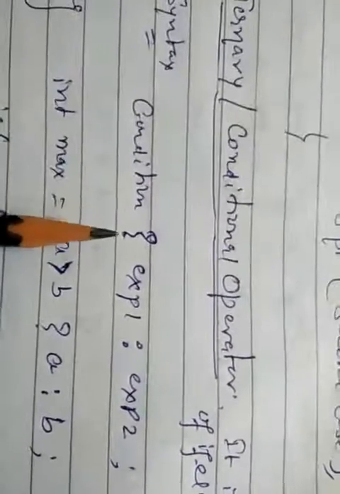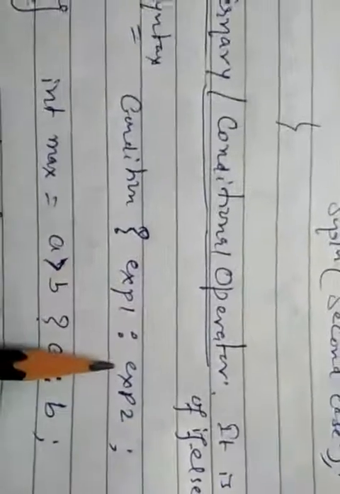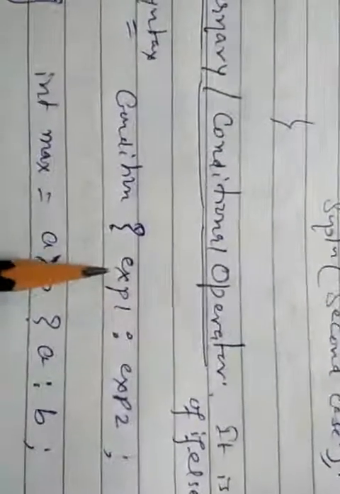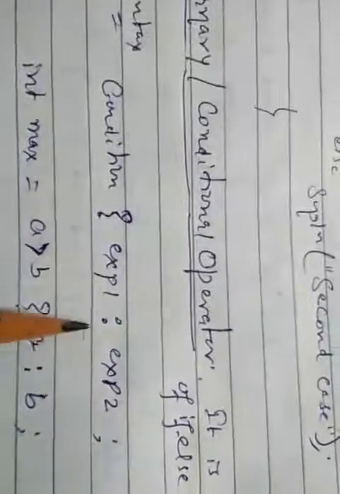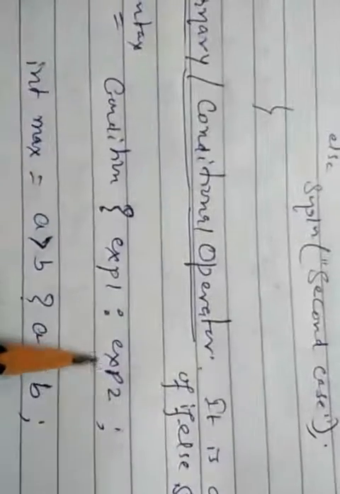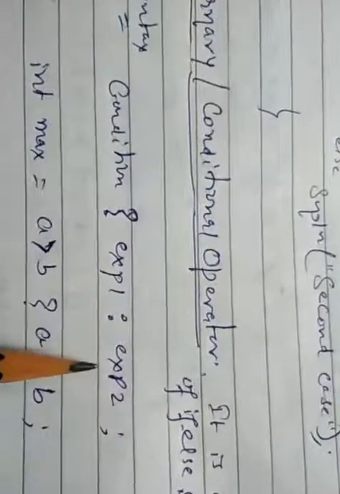If the condition is true, then expression 1 will be executed, otherwise expression 2 will be executed. So there are three portions. This is the condition, this is expression 1, and this is expression 2. After the question mark there is expression 1, which is executed when the condition is true, and after the colon sign is expression 2, which will be executed when the condition is false.